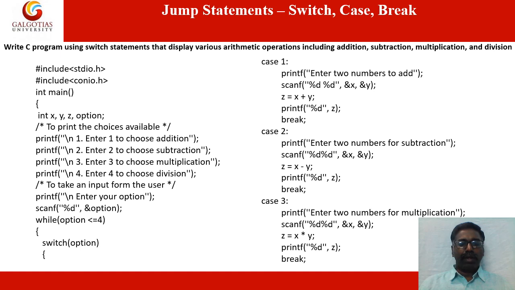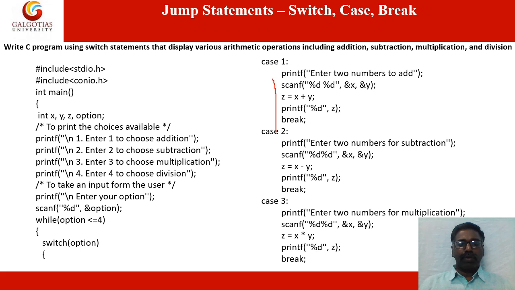Then in the switch option we verify whether it falls under case 1 or case 2 or case 3. If for example the user chooses 1, then the set of statements under case 1 will execute. Right from here to here only it will execute.